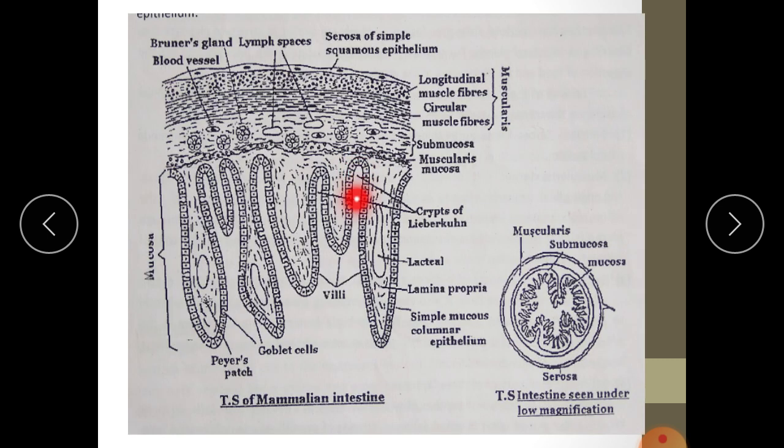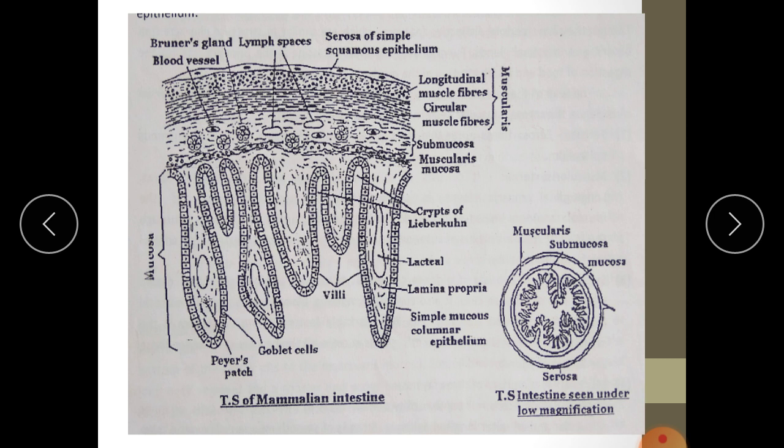So these are villi. They are extending into the lumen of the intestine from the general surface. They are about 0.4 to 1 mm in length. They are leaf-like or finger-like projections into the lumen of the intestine.